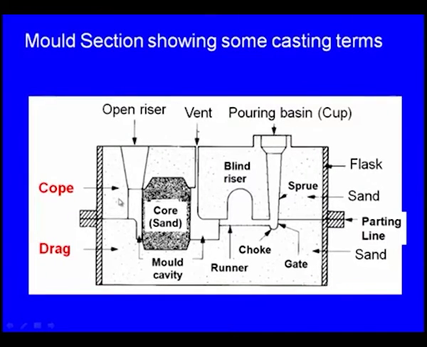Maybe in the next session this box may be used as the drag, the lower moulding box, or this may be used as the upper moulding flask, and then it will become the cope.